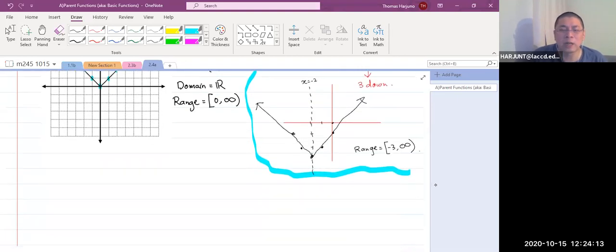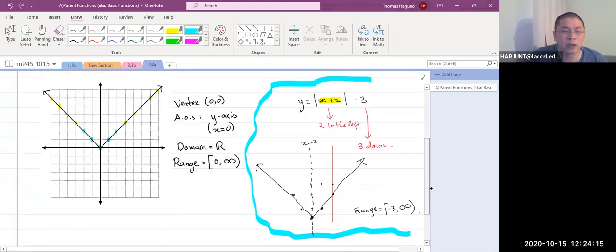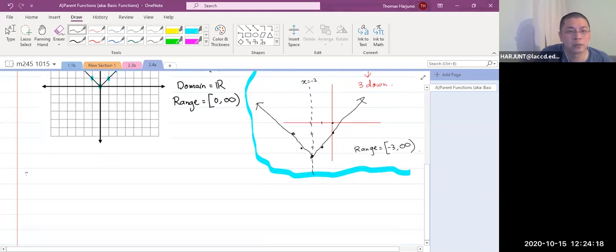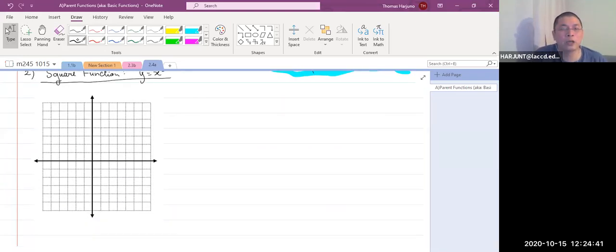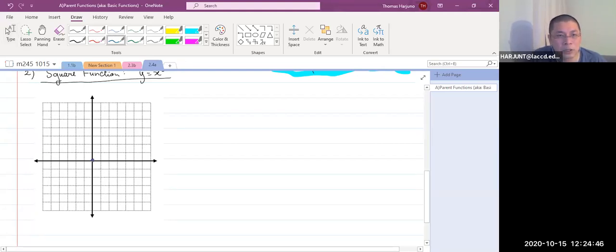Let's see the second parent function, the second basic function that you need to memorize: the square function, y equals x squared. y equals x squared has its vertex at (0, 0).